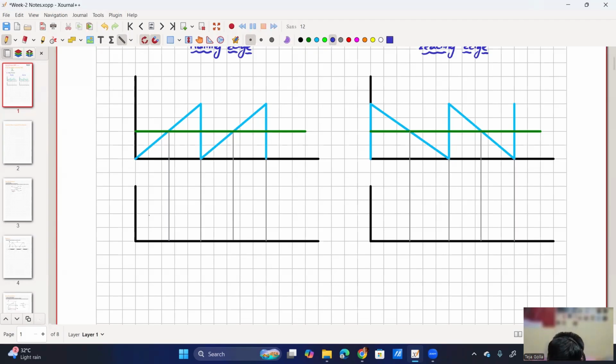So if we draw the gate pulse, it will be something like this. Whenever the control voltage is high, then it will be 1, otherwise it is 0. Here also similar.